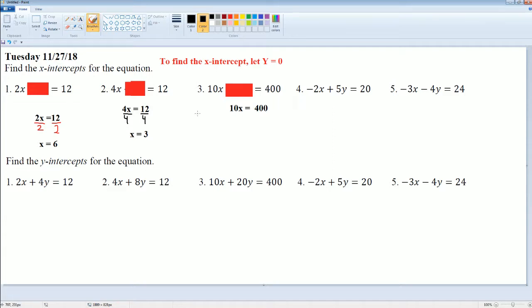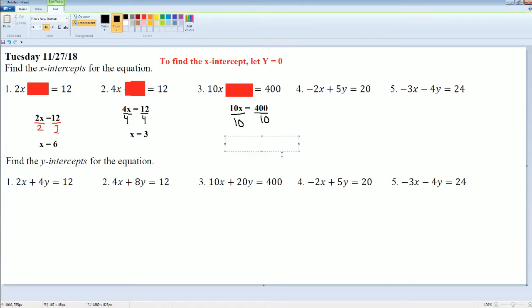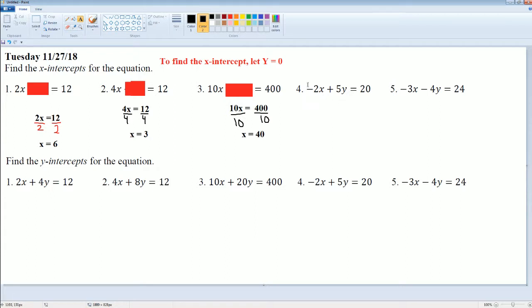Divide both sides by 10. Then you get x is now equal to 40. Good. Next one.